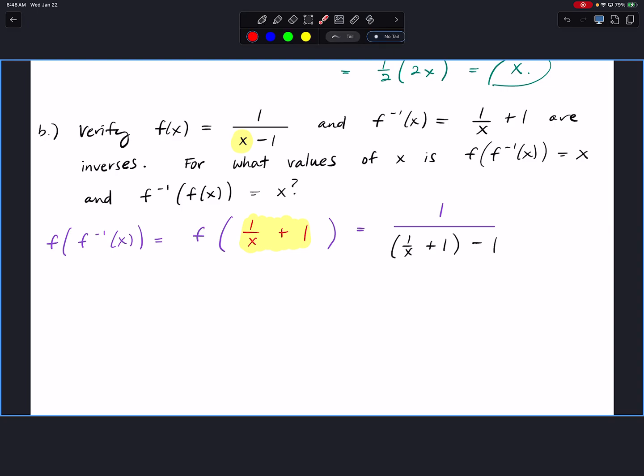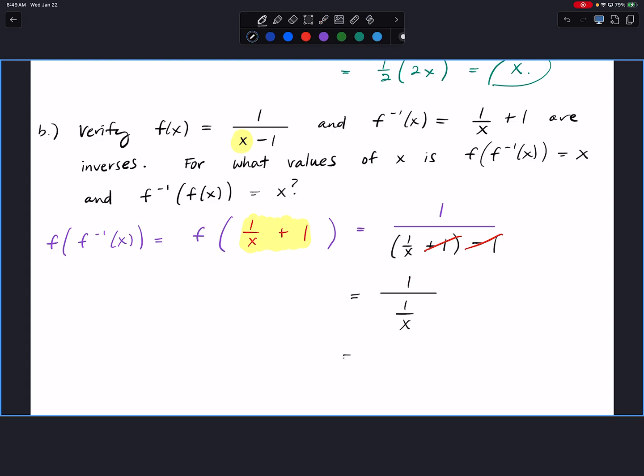Okay, so before we cry a lot because this looks terrible, simplify. What's positive 1 minus 1? There's just 0, right? So those cancel. So we get 1 divided by 1 over x, okay? The way that we can simplify this is, remember, can't I rewrite this 1 as 1 over 1?